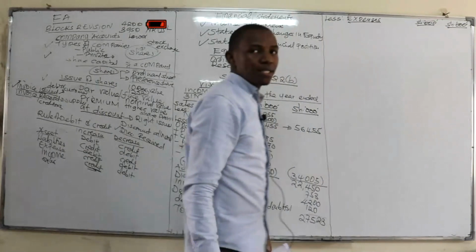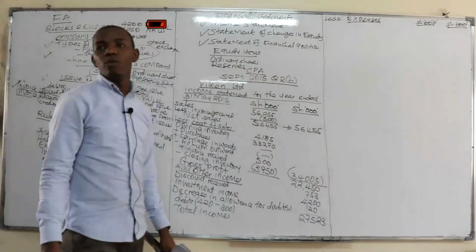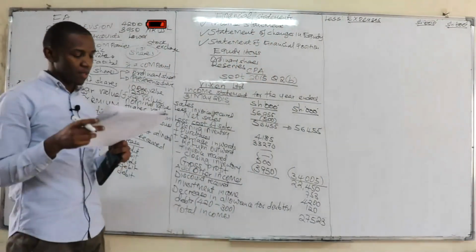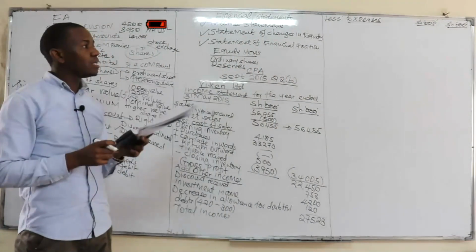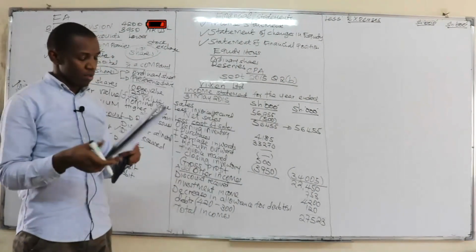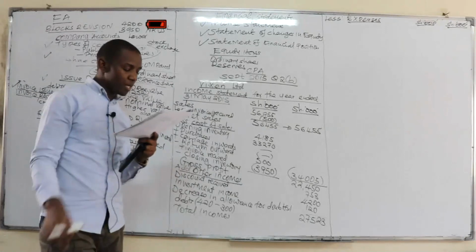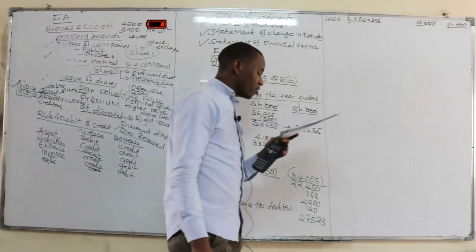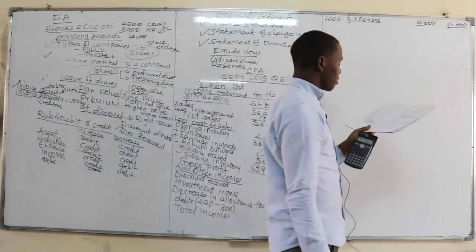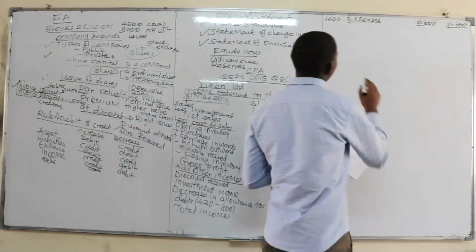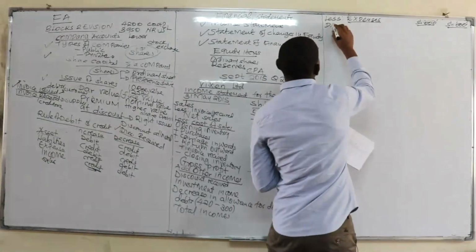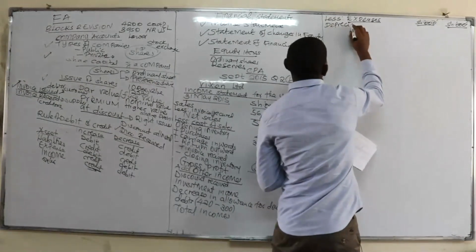Now for expenses, you begin with the ones in the additional information. Begin with additional information. Number one, we talked about it. Number two, we've also talked about it. We can now get to number 3, which is depreciation.